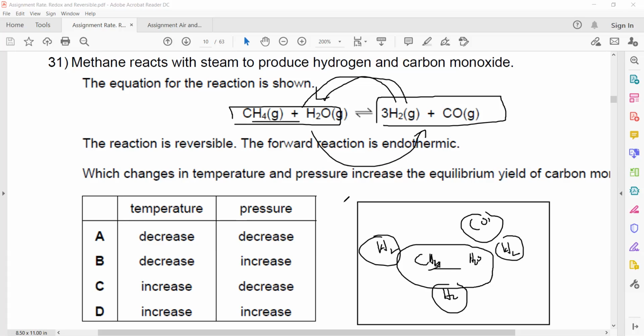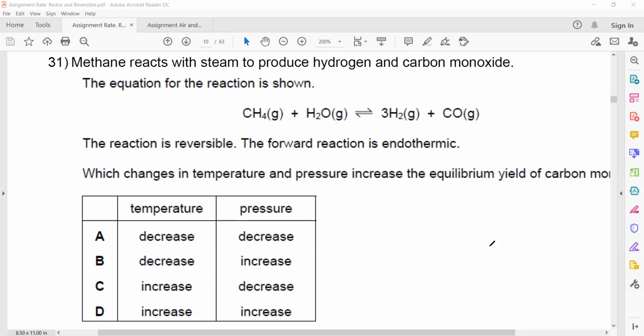That's why the equilibrium is shifted towards the right hand side, even though the rate will decrease for forward and backward. But we are not talking about rate. The rate will decrease for both, but in comparison the rate of forward will be higher than backward. Is it clear?